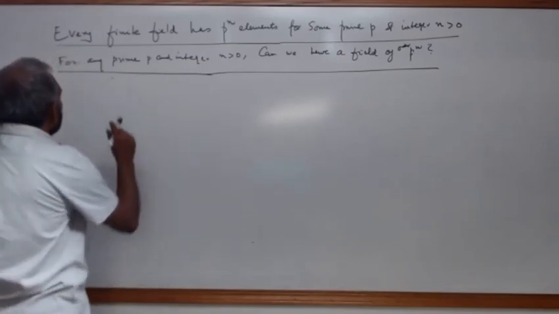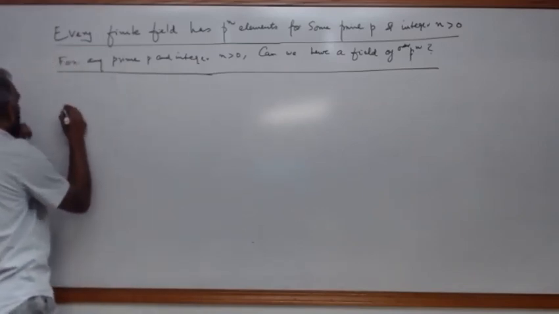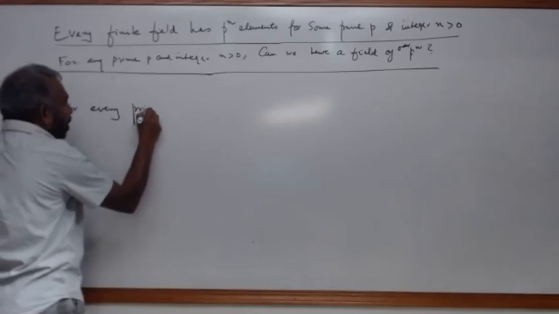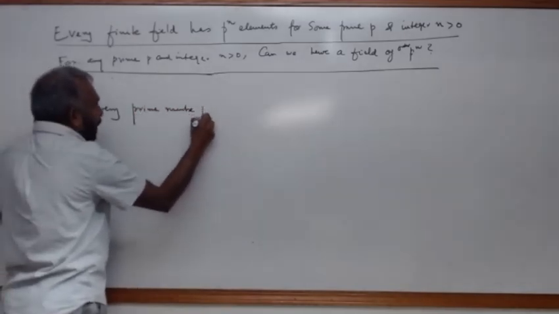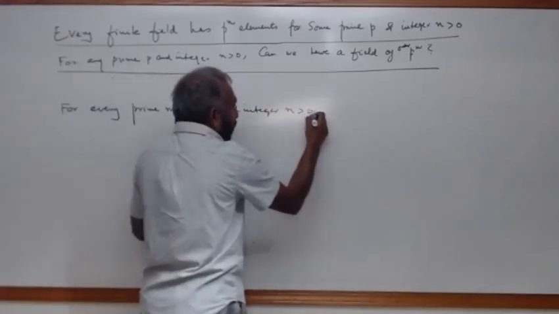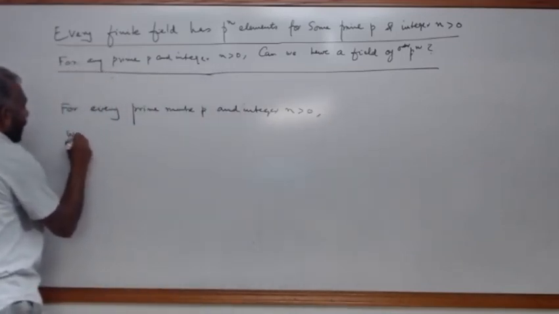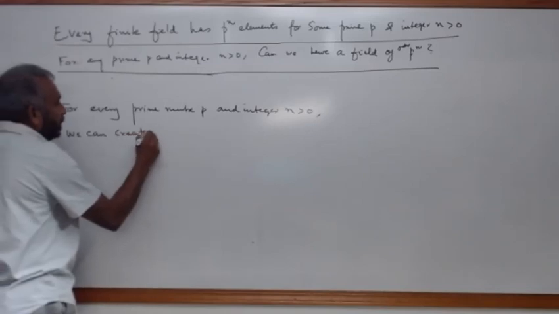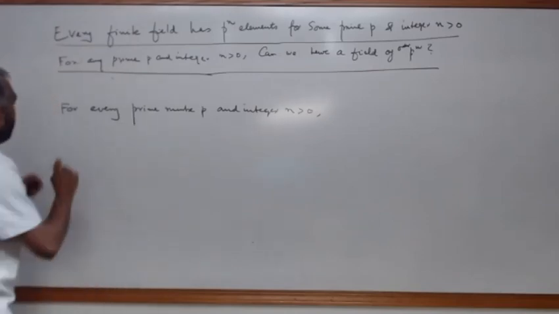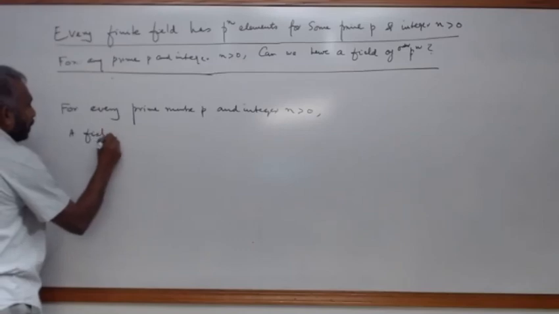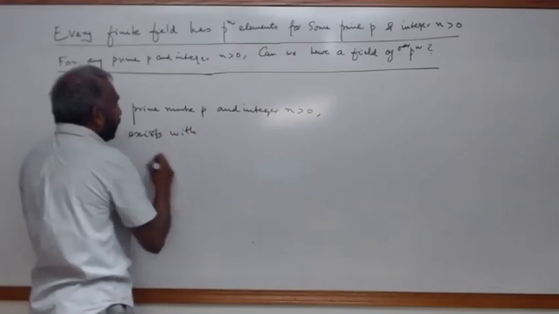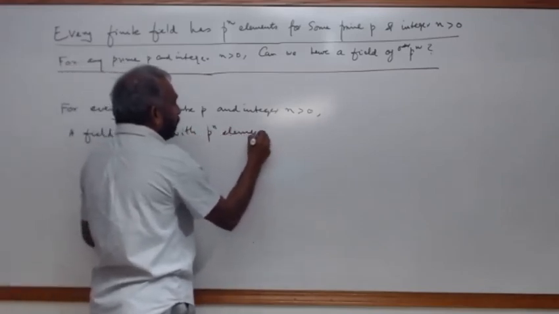So what we have done is, for every prime number p and integer n greater than 0, we can create a field that exists with p to the power of n elements.